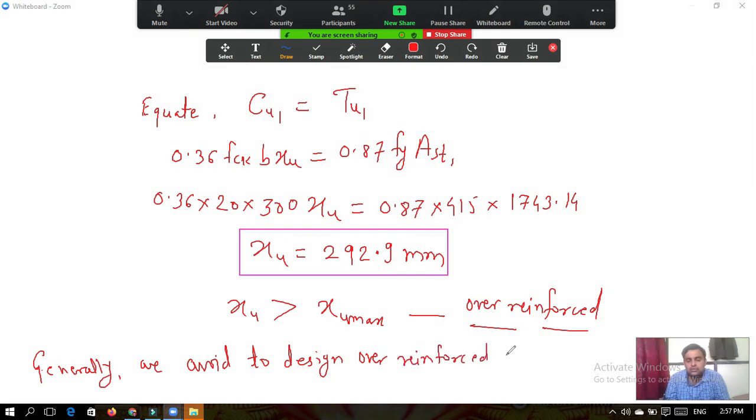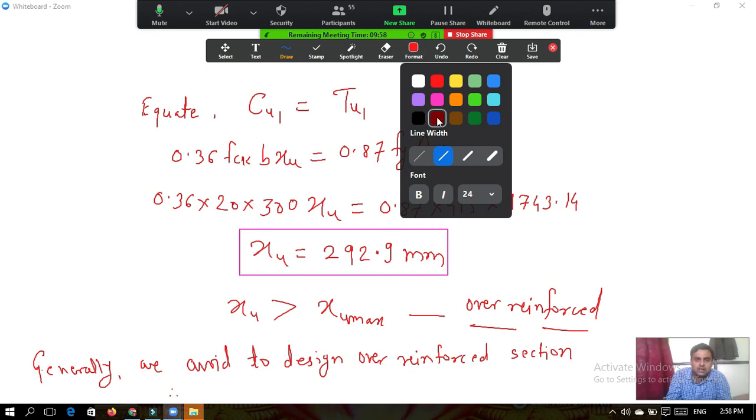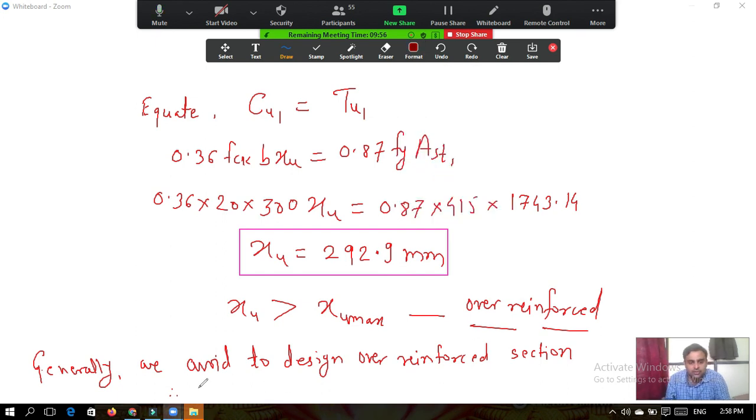So therefore, assuming the given section as balanced section.